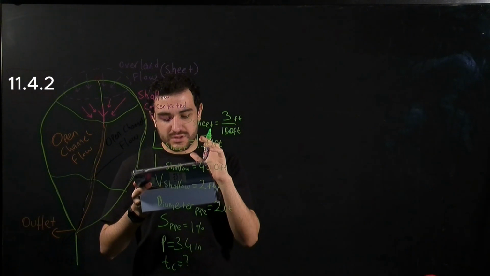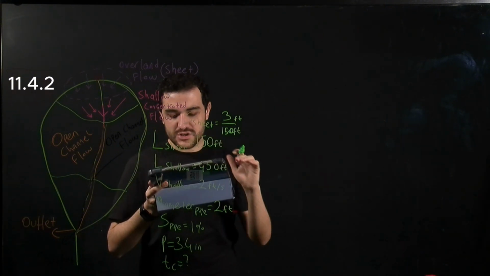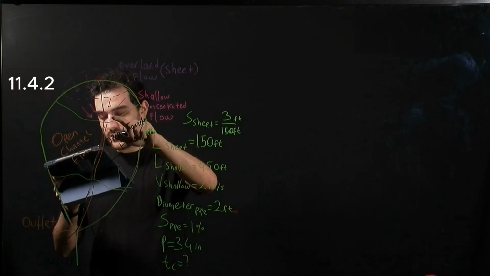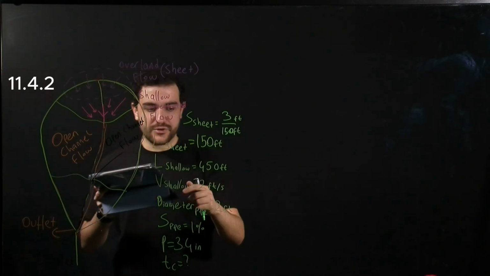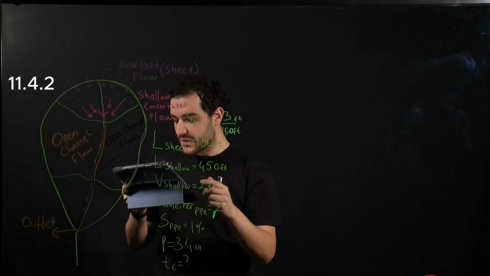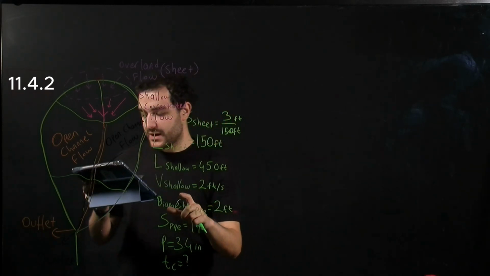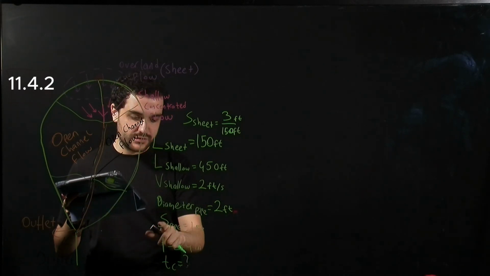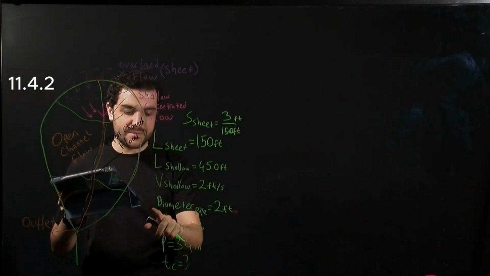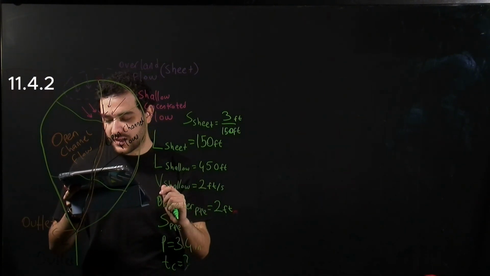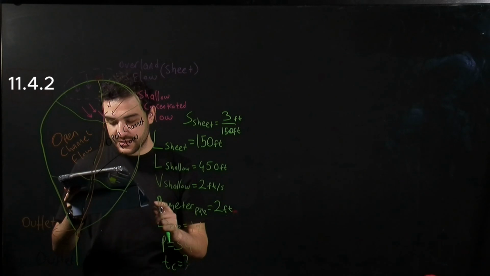The type of surface is short grass, and then it moves into shallow concentrated flow for a distance of 450 feet with an average velocity of 2 feet per second. The remainder of the travel path is through a pipe with a diameter of 2 feet, flowing half full on a slope of 1%.